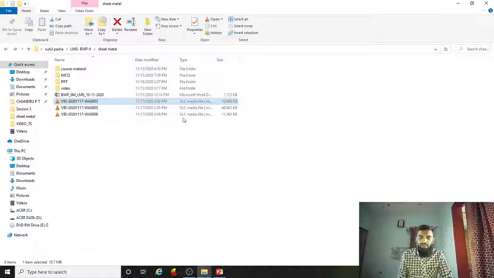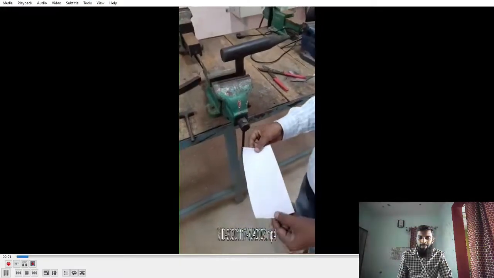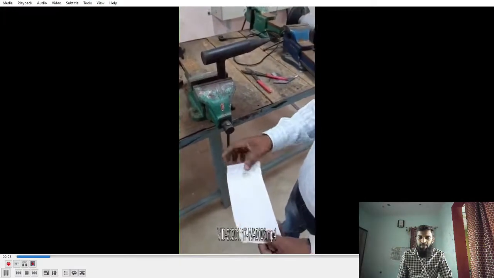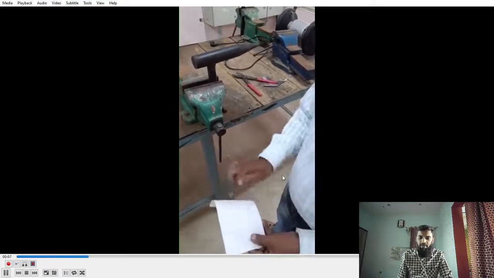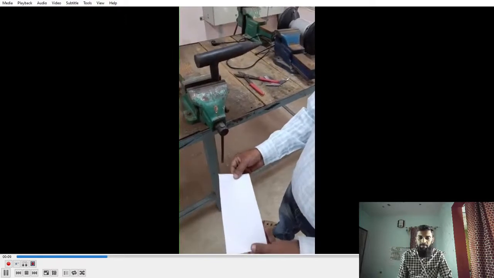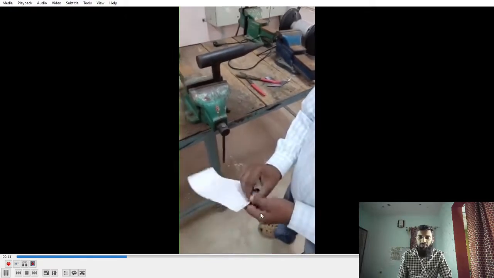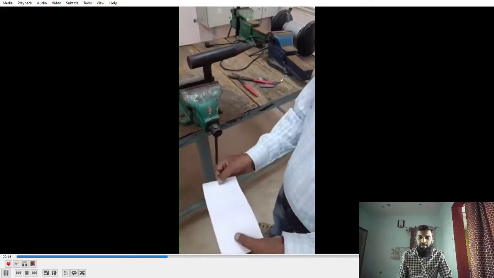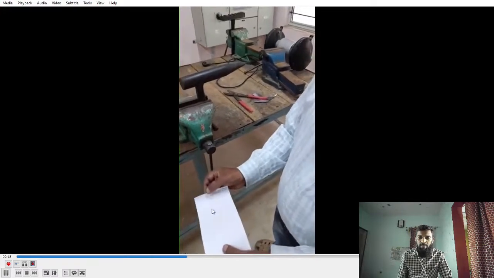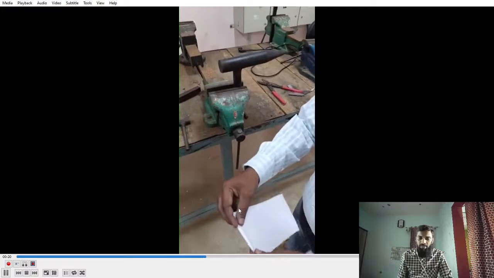See, in the next video we are going to watch the rough development with the help of a sheet of paper before conducting the experiment. With the help of a small piece of paper of required diameter and length, we can mark as it is on the sheet.